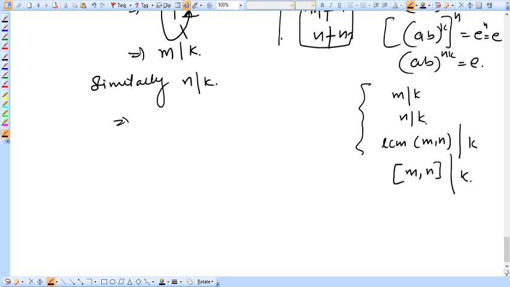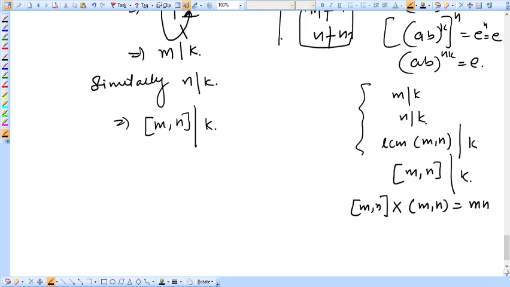So this implies LCM of m, n divides k. One more property is there: LCM of m and n, when multiplied with GCD of m and n, is equal to the multiplication of m and n.